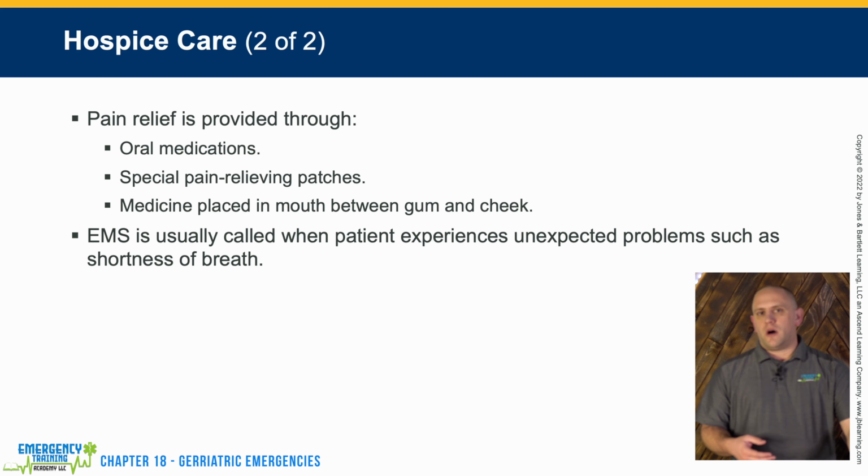If we're called there by hospice, then we can treat whatever that problem might be. Just know that there are some legalities when it comes to this. If they're on hospice and we start treating them for the reason that they're on hospice without their hospice nurse or the hospice company knowing of it, it could end up kicking them off of that hospice care.